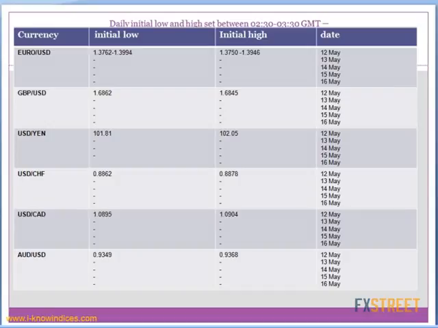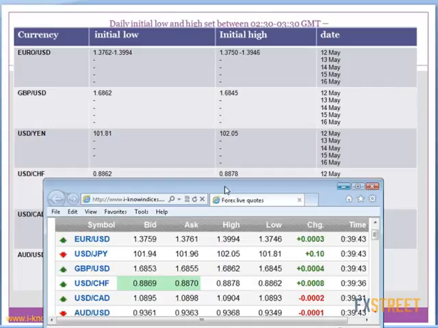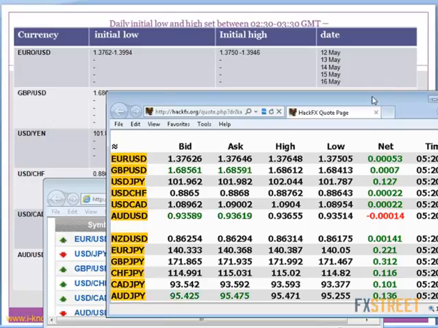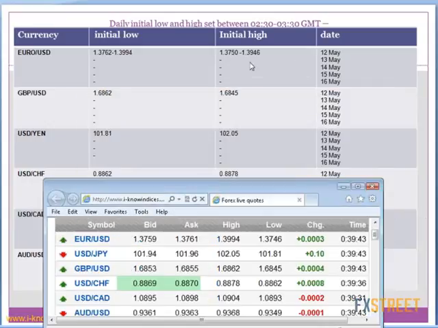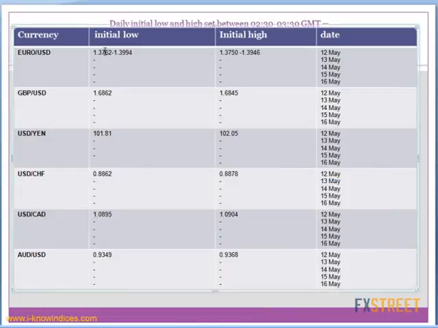Coming to the market reading. So Euro formed the low at 1.3946, sorry, 1.37... So I did it wrongly.